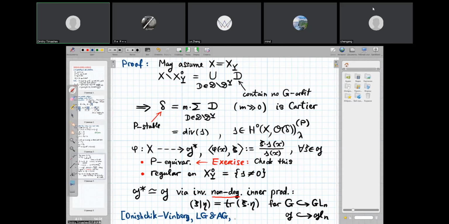These inner products on reductive or semi-simple Lie algebras, as a particular case, are discussed in chapter 4, paragraph 1 of this chapter, section 1. Okay, so this is a reference. For the sequel, to conclude the proof, I need some properties of this inner product, but this I will discuss after the break.